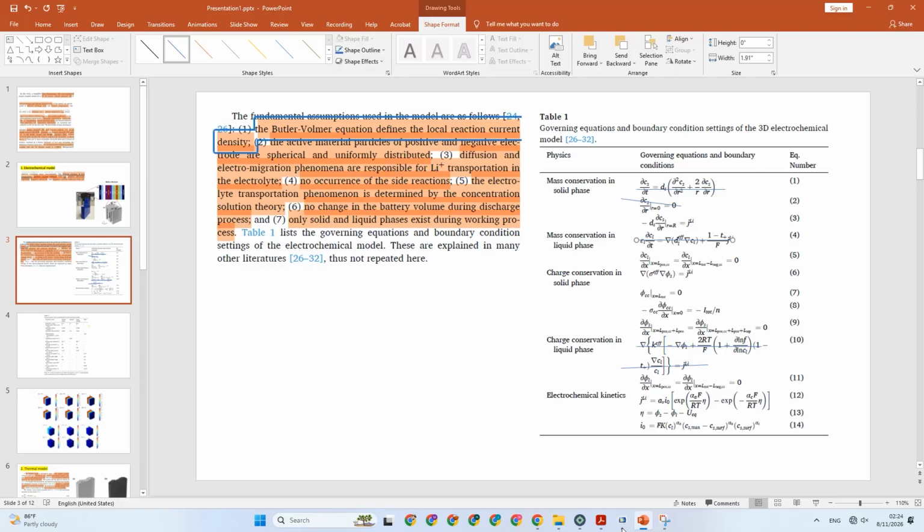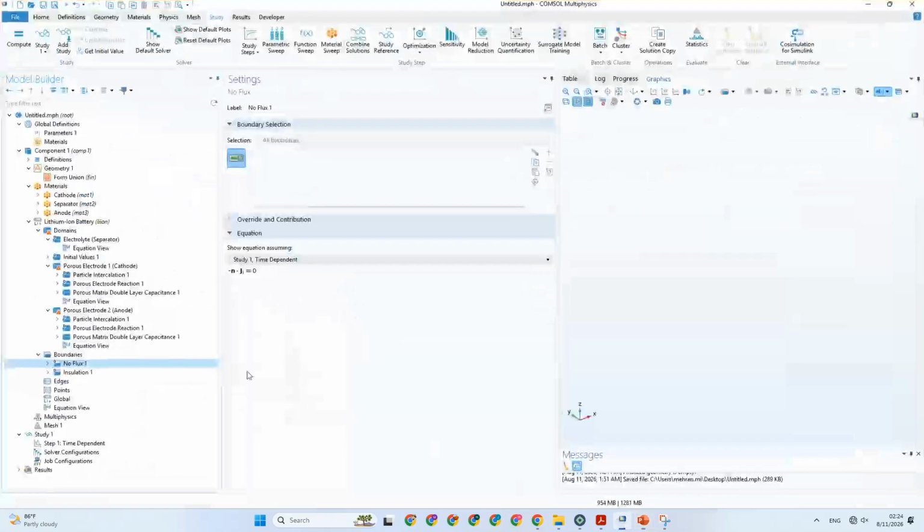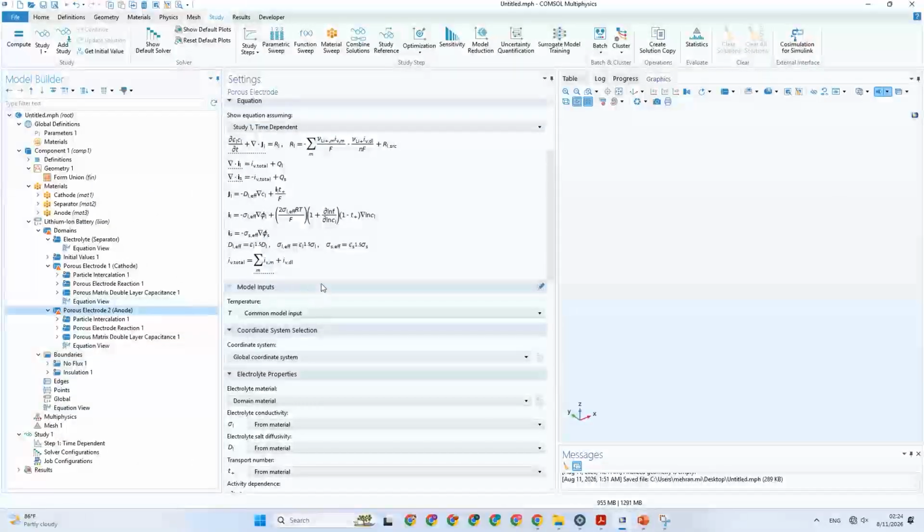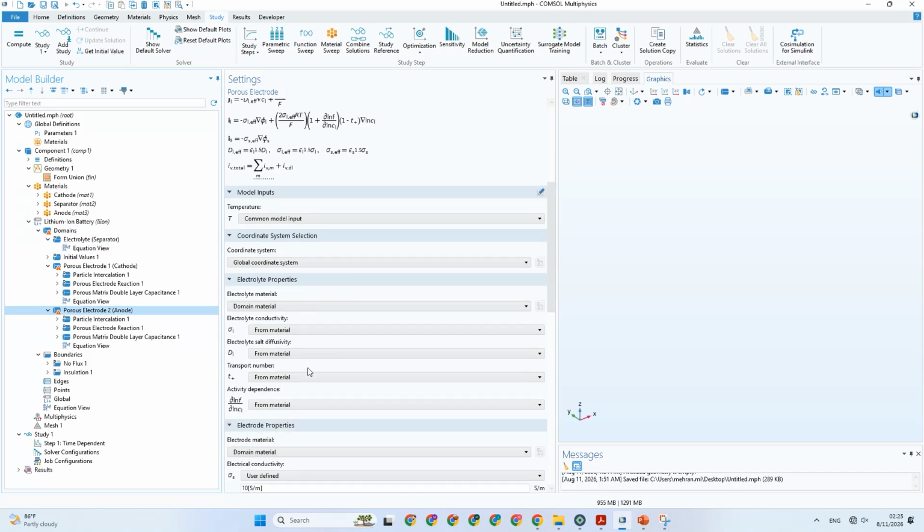Let me check it. Okay, charge conservation in the solid phase. JLI is sigma F. In the porous electrode, we have JL, CL. It is the same as the electrolyte. We have T also, but T won't be considered for the material.